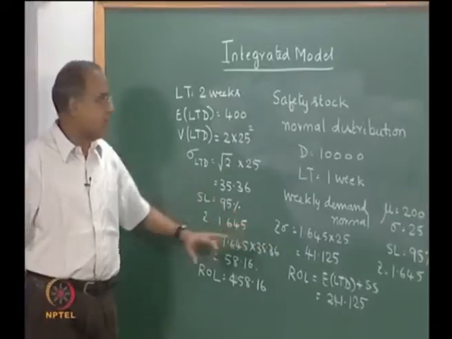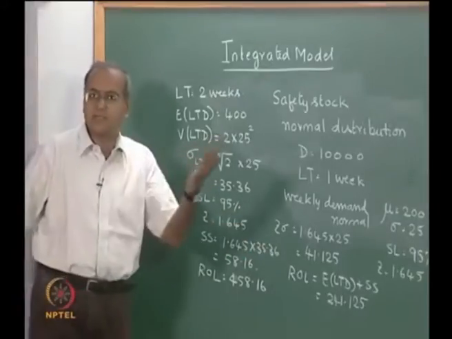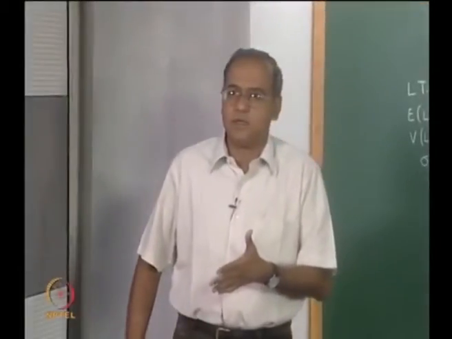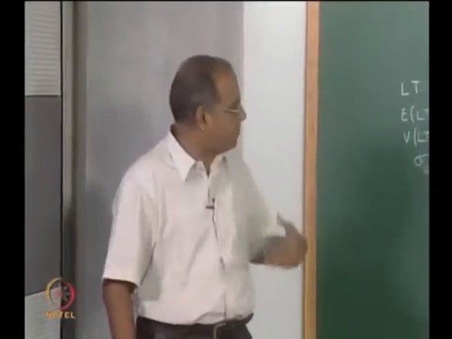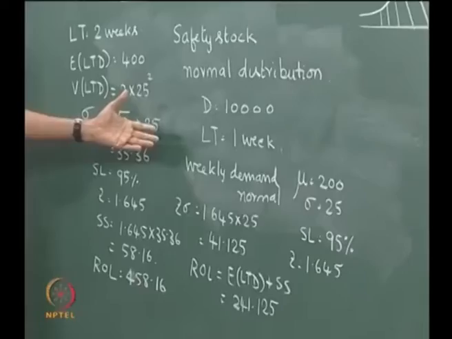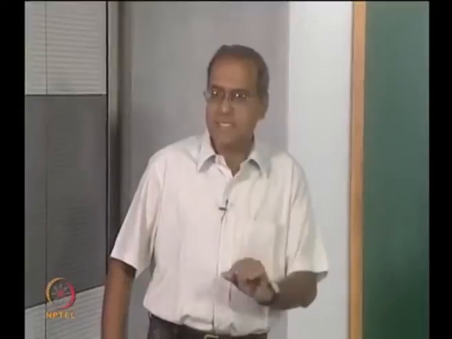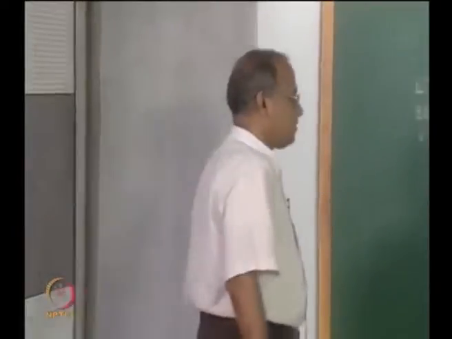So, as lead time increases, we end up carrying more safety stock. So, it is necessary to keep the lead time small. Alternately, if we had not adjusted the safety stock and had kept it at 41.125 in the 2-week case, what would have happened?